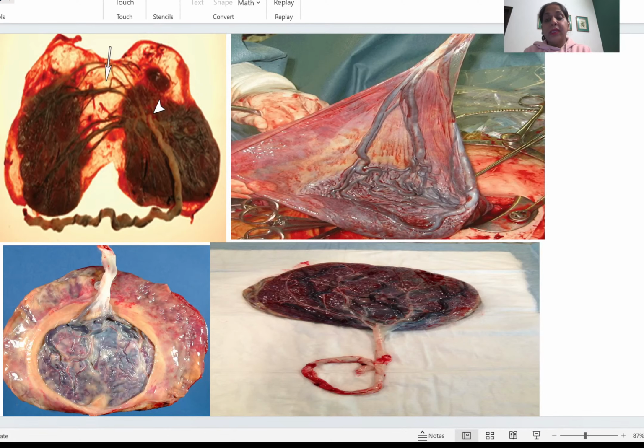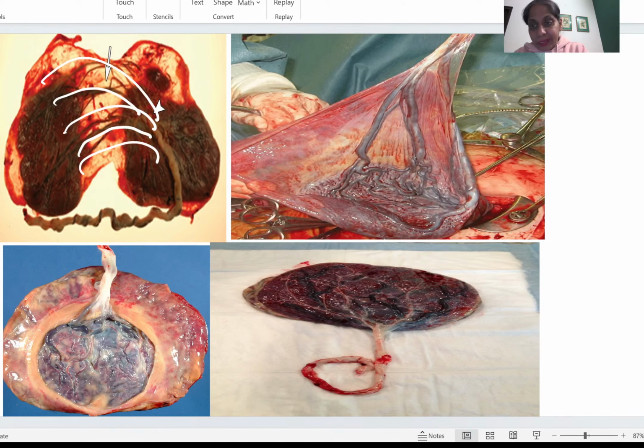Here you can see that other than this main lobe, one more lobe is there, an accessory lobe, and these two lobes are connected by blood vessels. So this is known as placenta succenturiata. A part has been left, one more part is there, and their connection is by blood vessels.